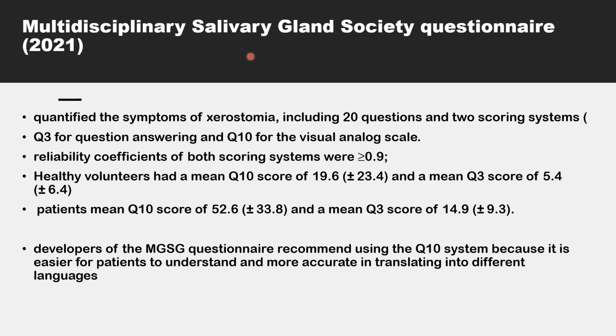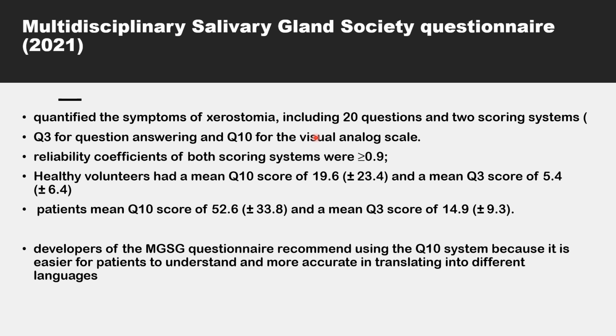There are two ways of scoring the Multidisciplinary Salivary Gland Society Questionnaire. One of them, the Q3, is by answering the questions by choosing one of 5 different answers. The other way of scoring, the Q10, is by a visual analog scale along a line of 10 centimeters, choosing a point along that line. Both ways, the Q3 and the Q10, are very reliable, more than 90% reliability for both scoring systems.